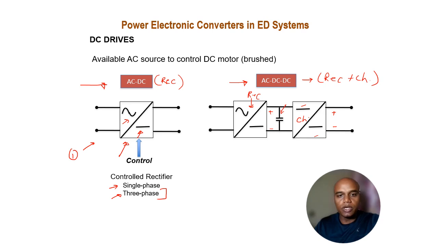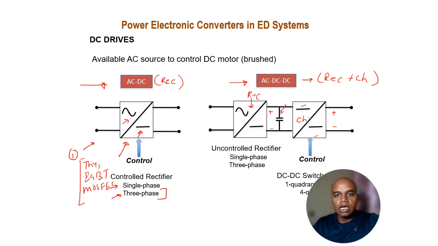One is the controlled one, which is made from thyristor, IGBT or MOSFET. Whereas the uncontrolled rectifier is made from diodes. So obviously I need to use the controlled converters, which are made from these three kinds of power electronics devices.